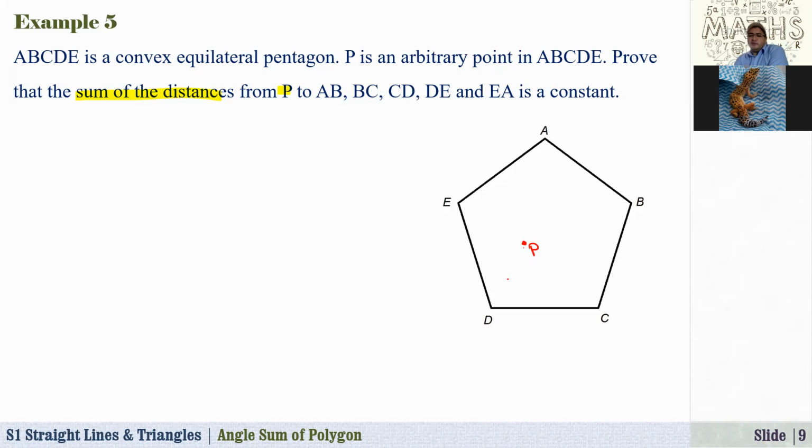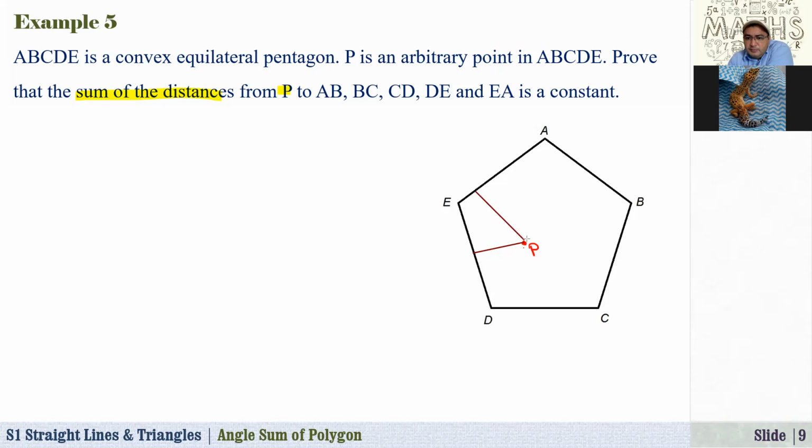Now if you draw a height, it says the sum of the distances from P to AB, BC, CD, DE, and EA is constant. Let me just draw those distances. From P to DE, for example, we are talking about this distance.